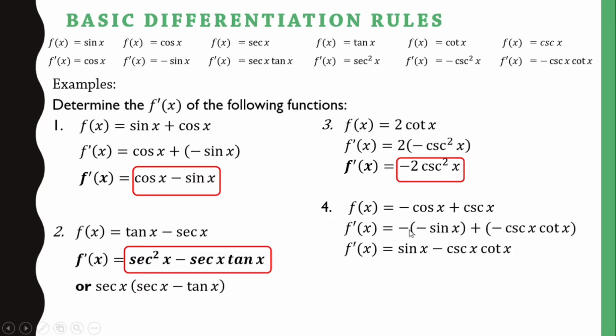This will be negative 1 times negative sine x, that's sine x, plus the negative cosecant x cotangent x, that's minus cosecant x cotangent x. So the derivative of negative cosine x plus cosecant x is sine x minus cosecant x cotangent x.